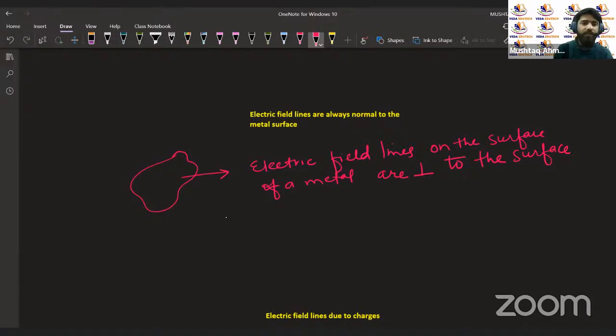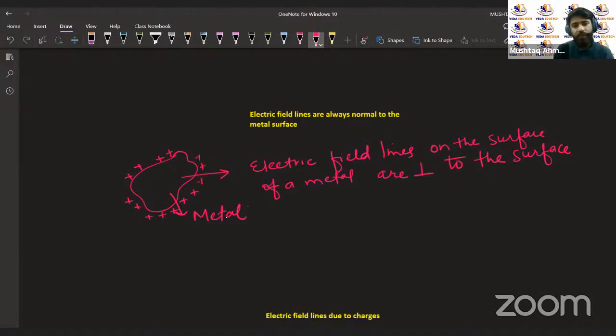Suppose this is a conductor, or we can say this is a metal. And let's suppose this metallic surface is positively charged, and this is an isolated conductor, right? It means that there is no charge in the vicinity of this conductor.